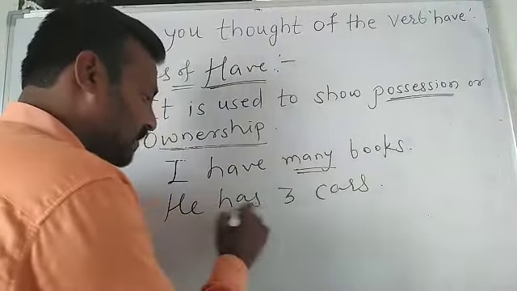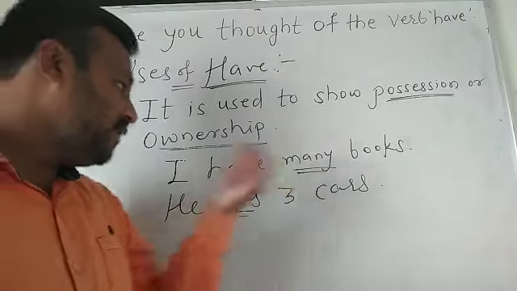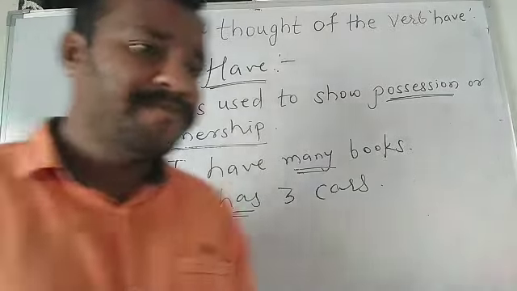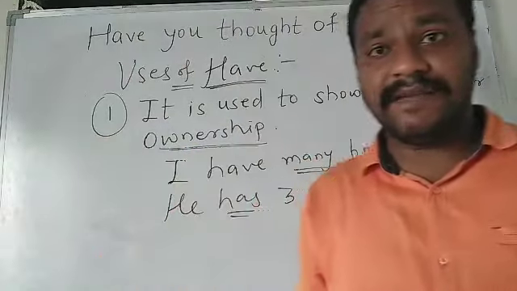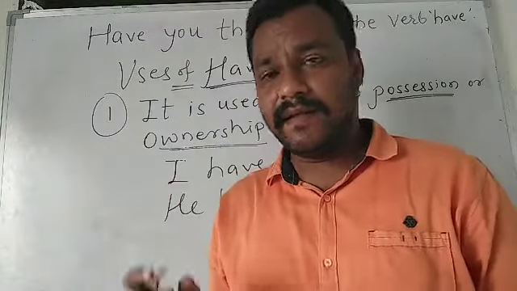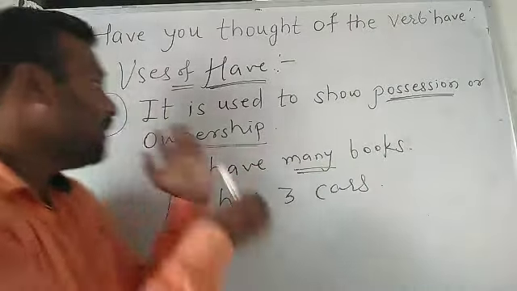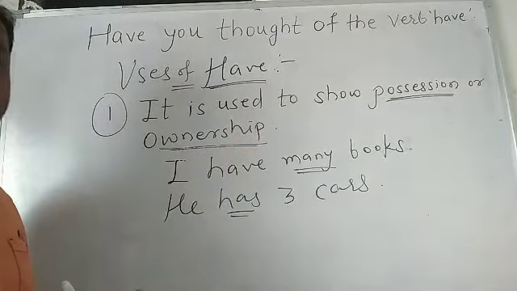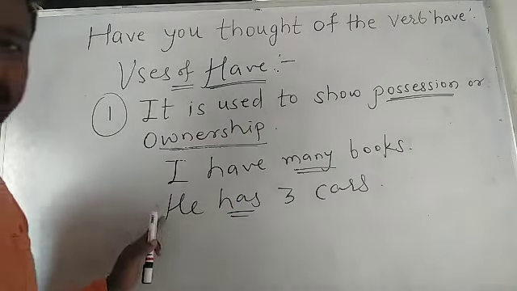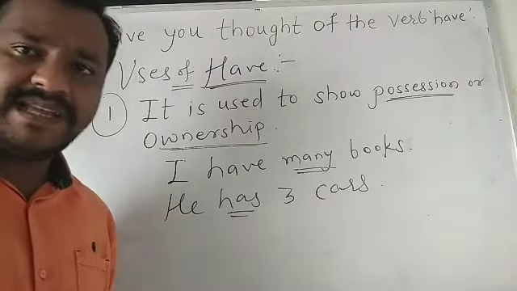In the two examples, I have many books and he has three cars, I am trying to show ownership or possession of the particular thing. This should be kept in your mind. The first use of have is to show possession, getting, or ownership.